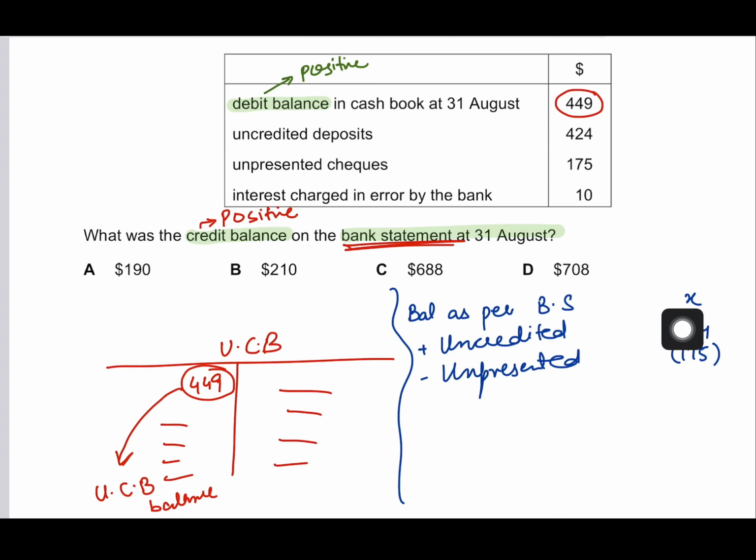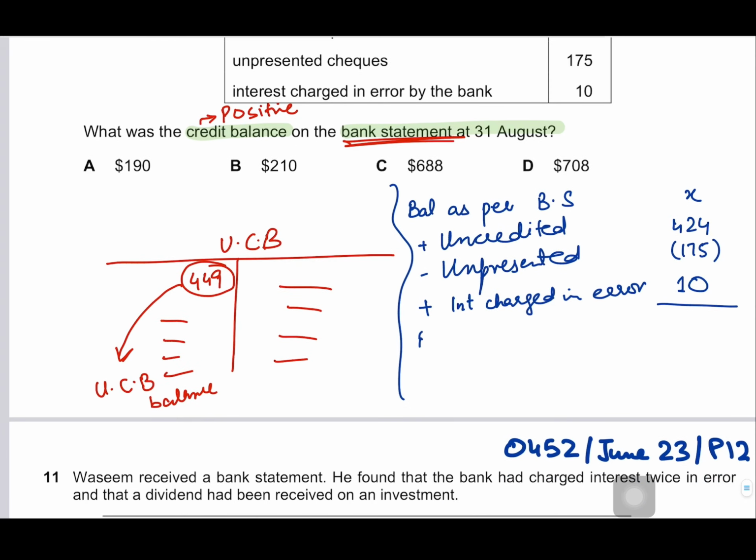It was not supposed to be deducted. So to correct the error, I will add back these $10 in my bank statement balance. So add interest charged in error, so that I arrive at my balance as per updated cash book, which is the same as the unadjusted cash book balance, as there are no adjustments required.